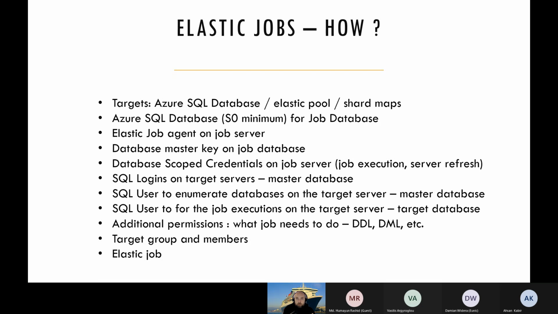And the credentials will be, I'm using the example of 2 credentials. One is the refresh credential, which is a credential set up on the target server level that allows the agent to see all the databases.